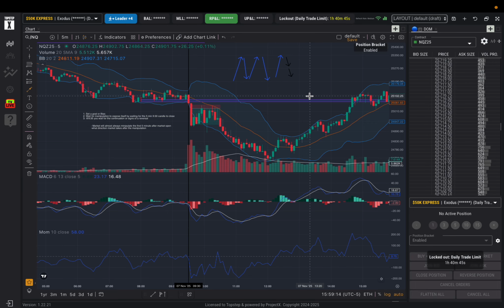It just moves slowly down because that's the direction it's taking. It moves down and down, right? And that's when you enter on that short right here.